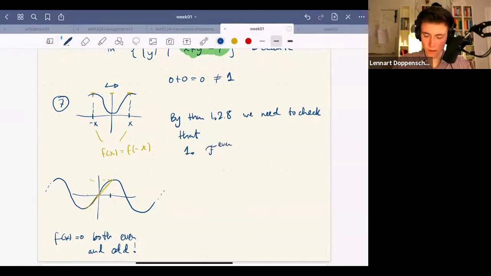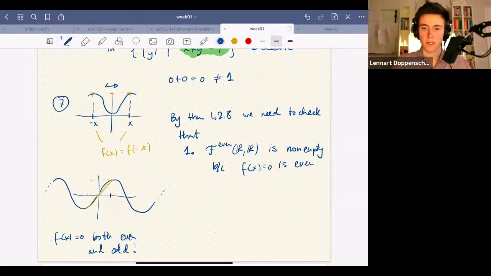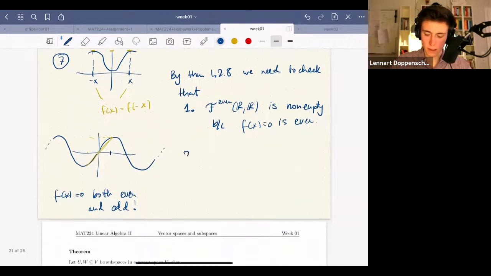F even on R is non-empty. And what Andrew just said already solves this because f of x equals 0 is even. It doesn't have to be the identity function. It could be anything. So this is just a lucky coincidence.